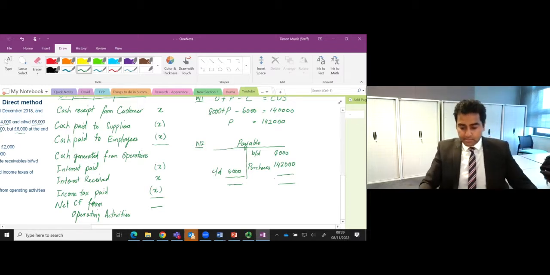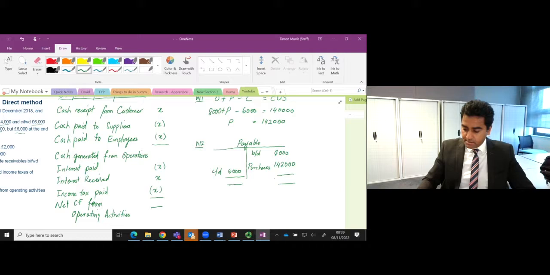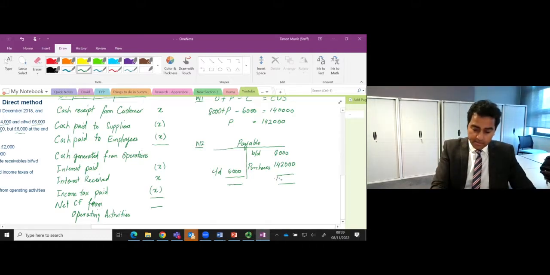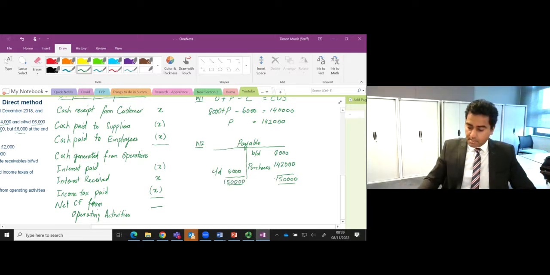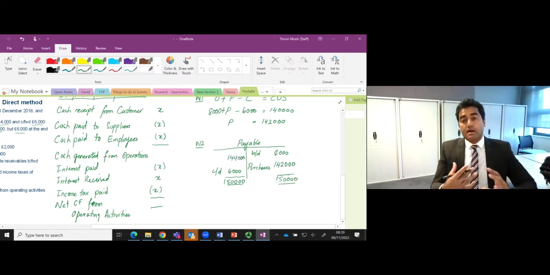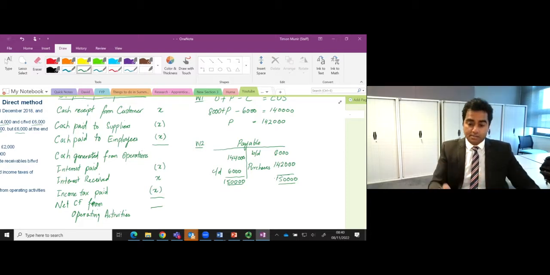So now adding this, 142 plus 8 gives me 150. Minus 6,000 is 144. So this is the amount I have paid to my suppliers, and you know that when we pay our suppliers, the double entry is payables debit, or suppliers debit, and bank is credit.